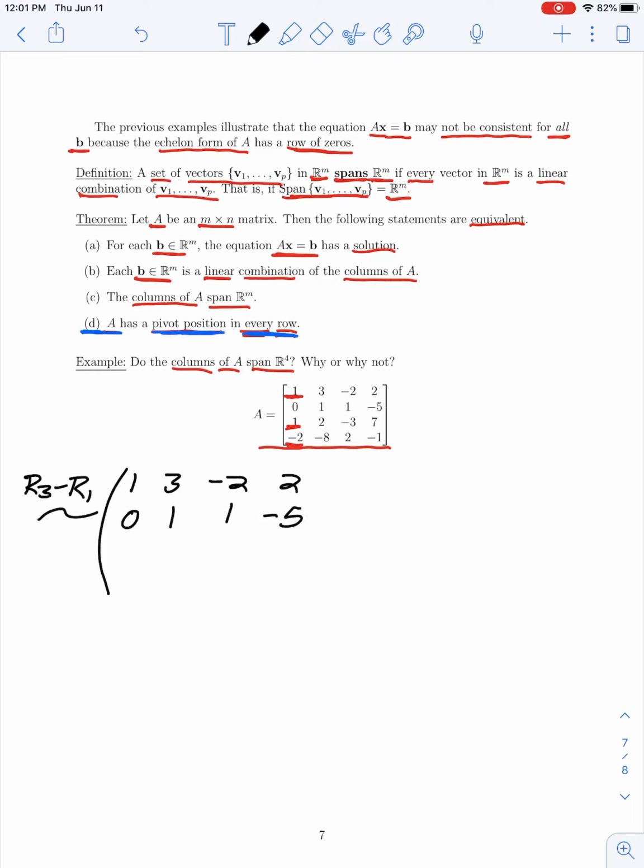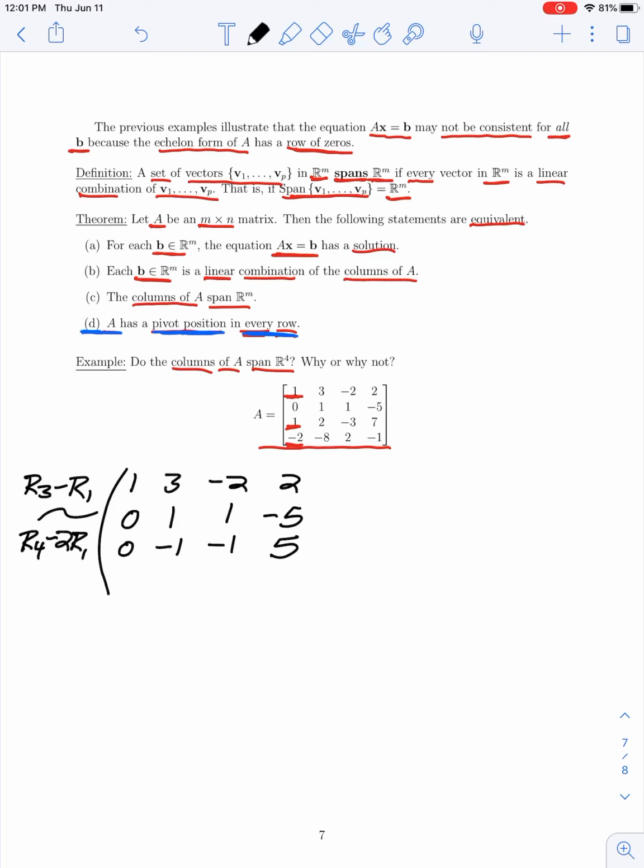And when we perform this operation in the third row, I have 0, negative 1, negative 1, and 7 minus 2 is positive 5. And to kill off the negative 2 in that fourth row, I'm going to take row 4 and subtract. I could take twice row 1 or twice row 3.